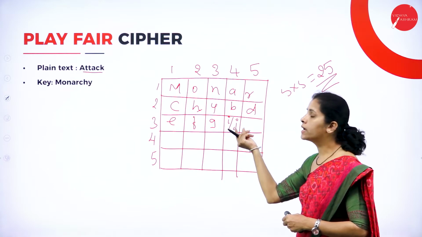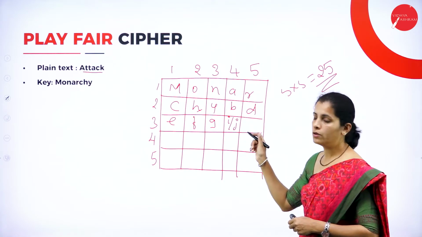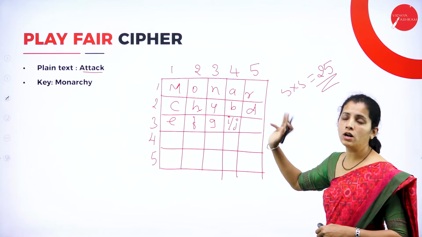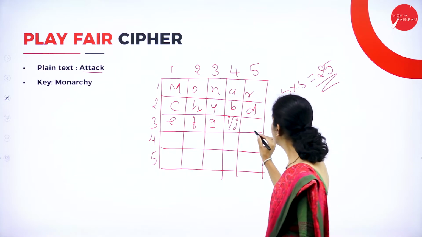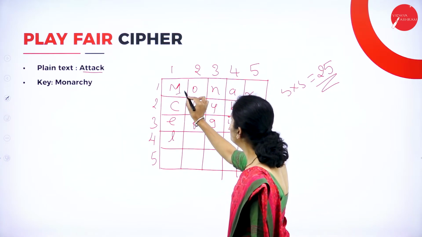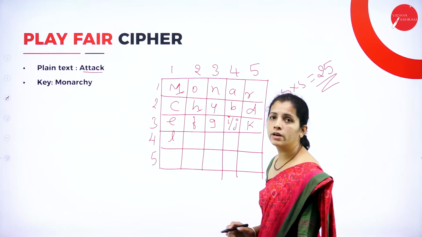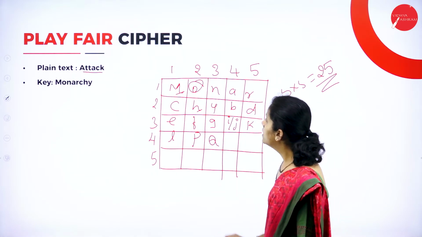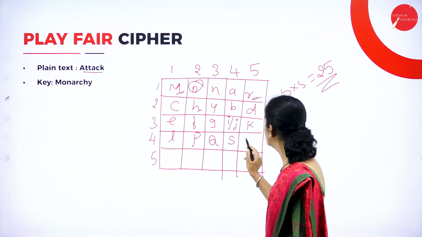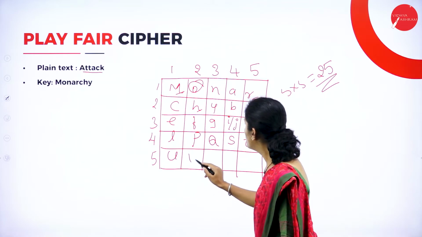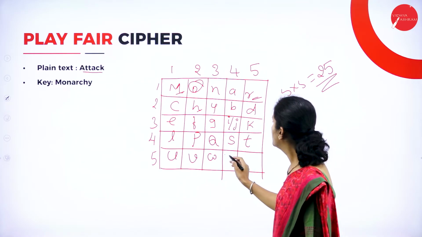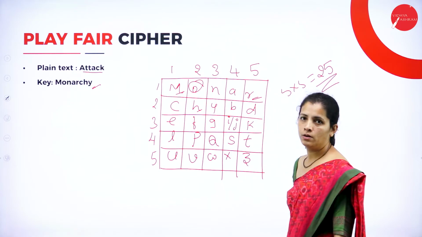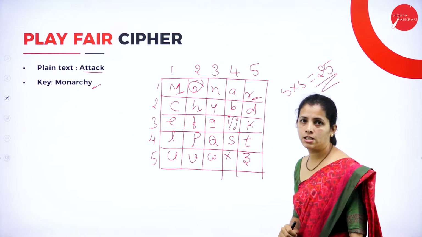Here I'm going to write two characters together, that is I or J. And while selecting, I can choose I or J. IJ, then K, L, M is there, so I won't write M. N is there, I won't write N. O is there, I won't write O. P, Q, R is there, so I won't write R. S, T, U, V, W. Then I'll write X. So here Y is there, so I won't write Y, so I'll write Z. Okay, now this is all about diagram construction.